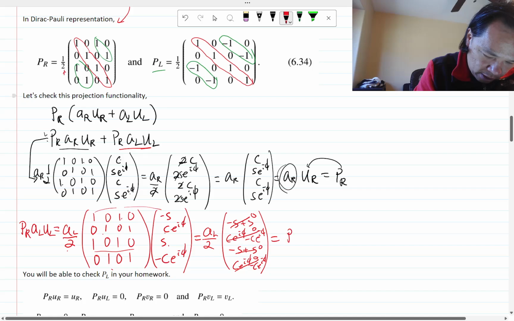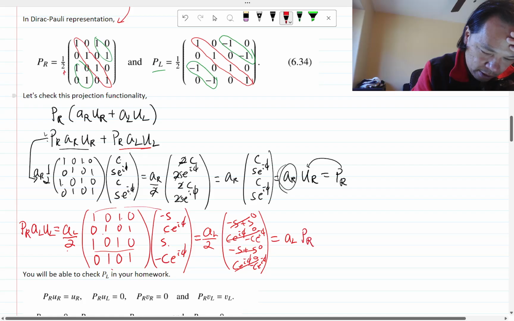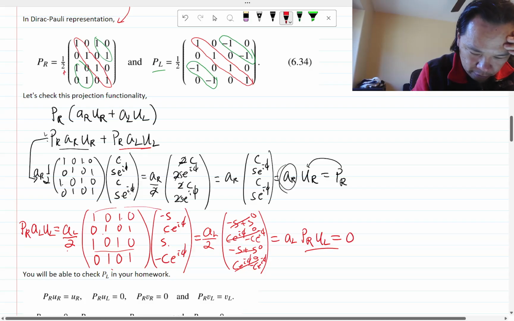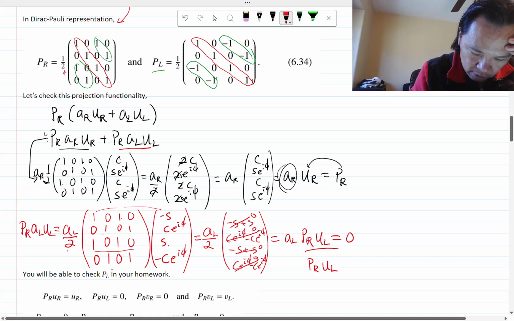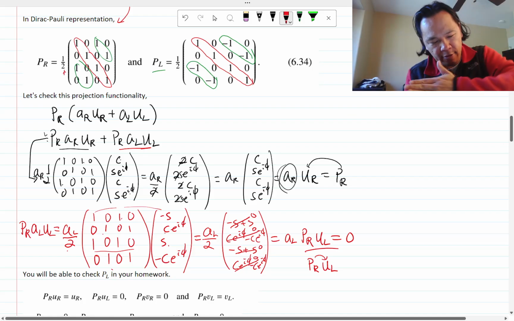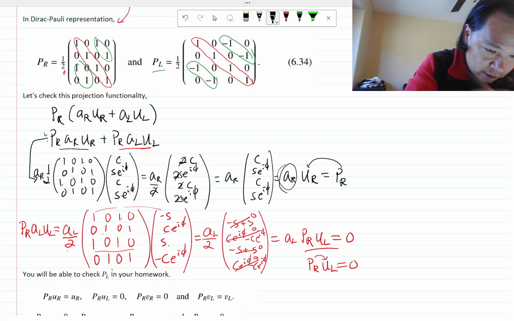So PR, the projection onto the right chirality axis, AL, let's just put that AL in front. This is a number, UL equal to 0. So therefore, it must be that in general, projecting something that only has a left chirality onto it is going to be 0.